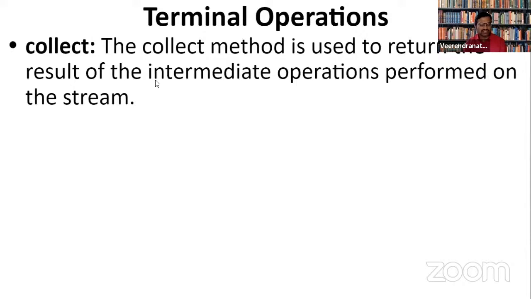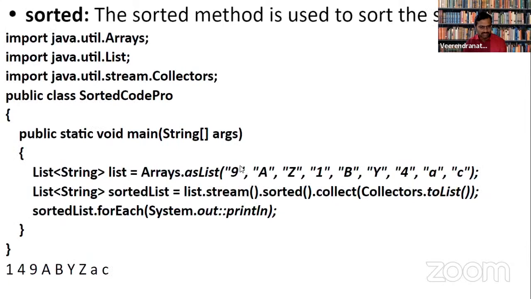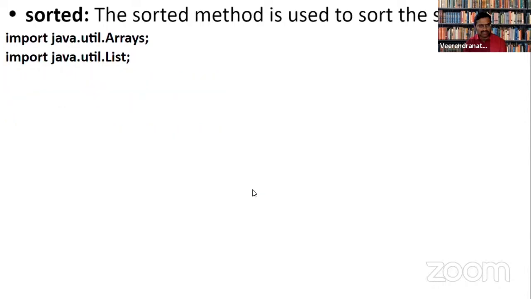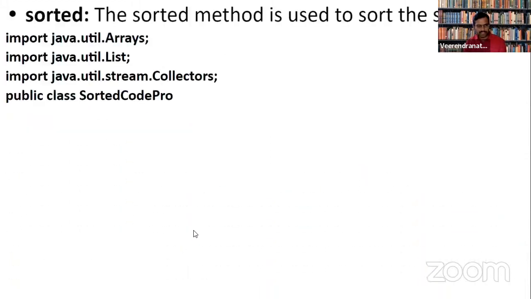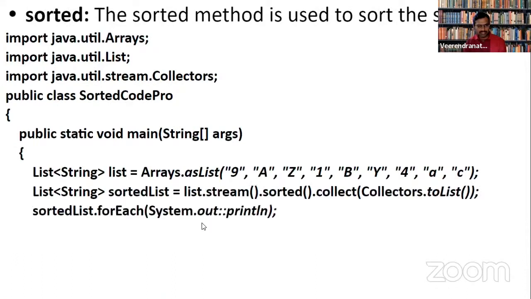They are the parts of the pipeline which do some functionality on the stream. If you observe here, stream dot sorted, and in the filter what it was doing, and stream dot map, and on that map we are going to filter. In this way, the intermediate operations work directly on the stream.